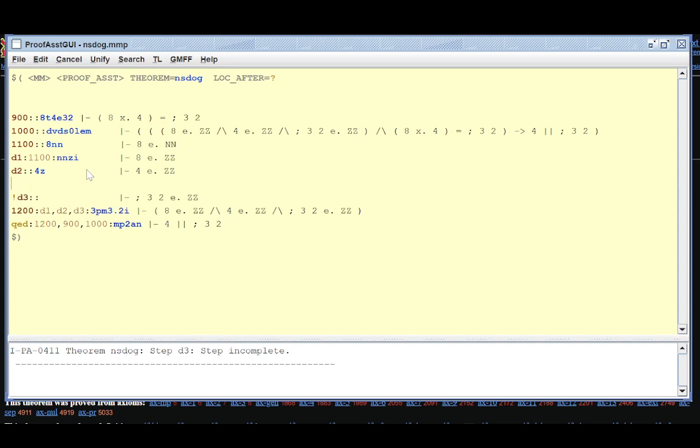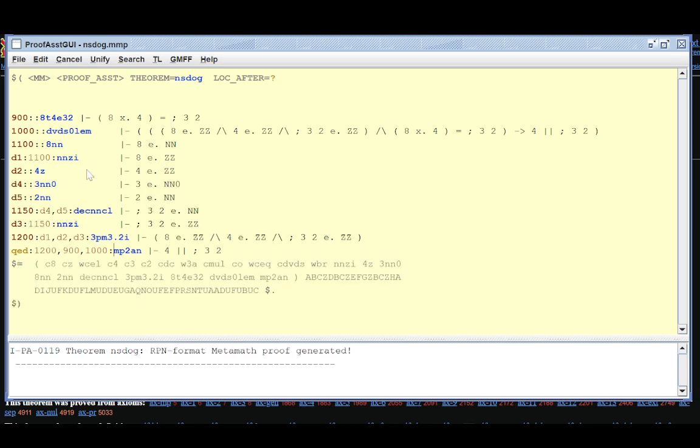Okay, so can I get 32 e dot nn? Loving it, loving it.